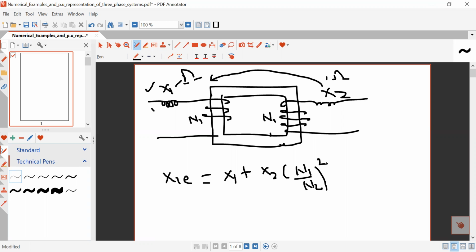And when I ask you to calculate the total leakage reactance of the transformer referred to the secondary, then it will be the secondary reactance X2 plus the primary reactance referred to the secondary, which will be X1 (N2 by N1) whole square.